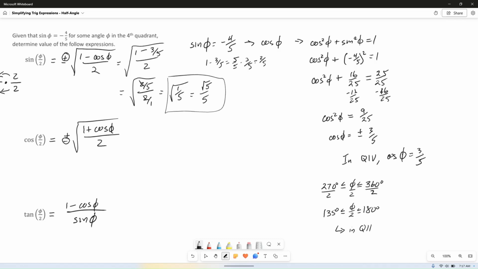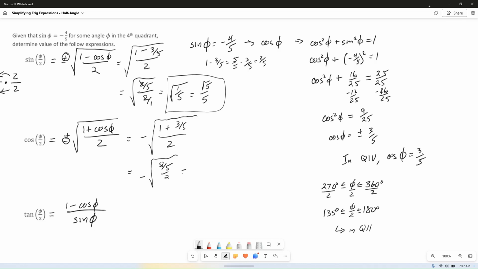For the cosine of phi over 2, we are going to have a negative square root of 1 plus 3/5 over 2. And again, for cosine, since we're doing 1 plus 3/5, the 1 is 5/5. So 5/5 plus 3/5 is actually going to be 8/5. So we have the negative square root of 8/5 divided by 2.